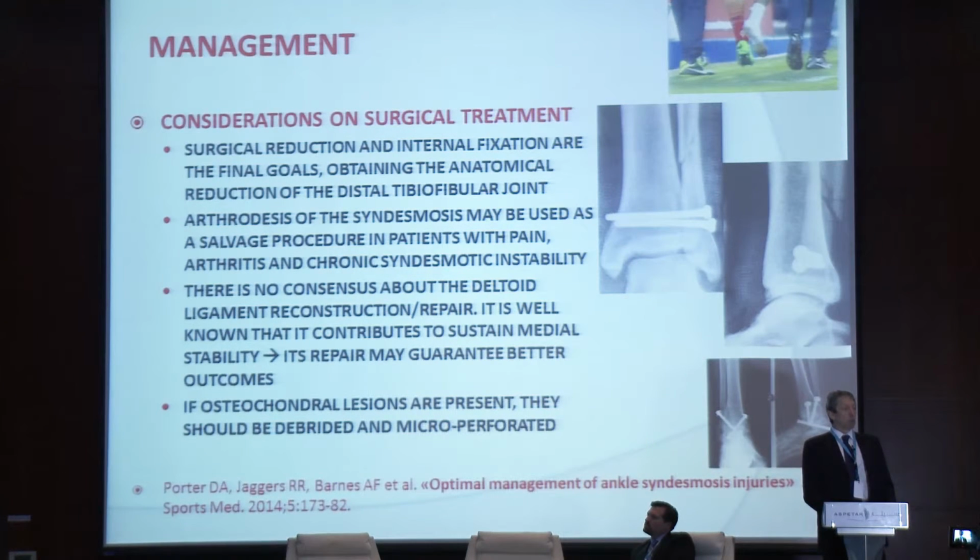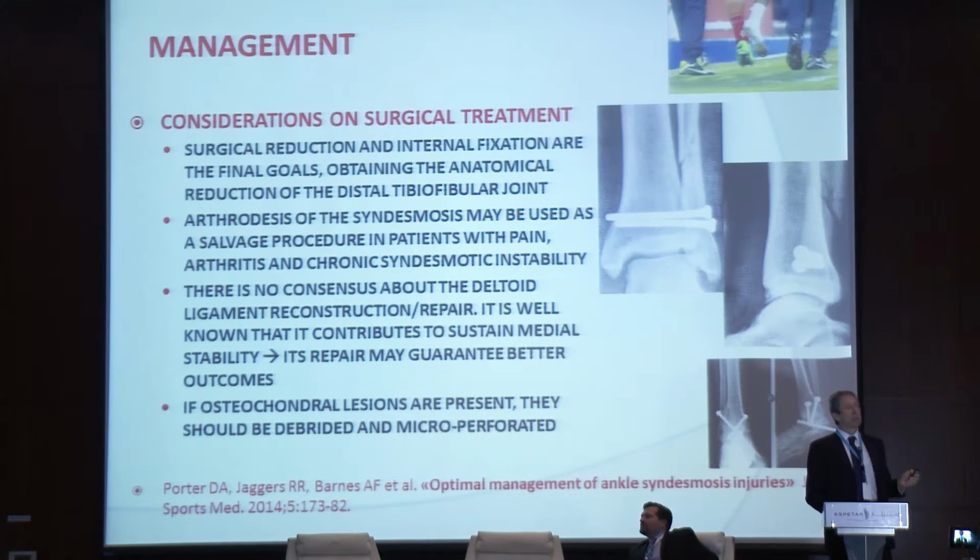The easiest solution when you diagnose a grade 3 injury, let's say, is a repair. You can use screws or other devices, but you must know that it takes time to heal. And sometimes you have to repair also the deltoid ligament.